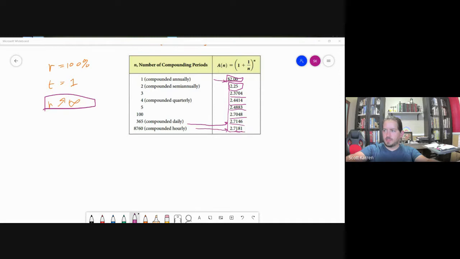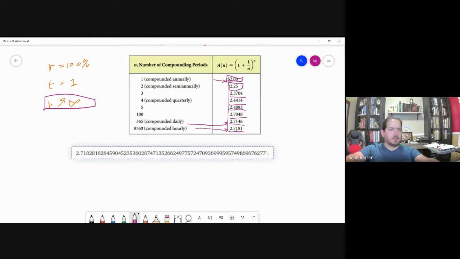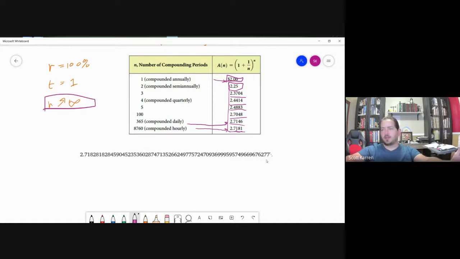I want more digits. So here's a bunch of those digits. If I allow n to get bigger and bigger, sooner or later I'm not going to change any of these digits, no matter how large n gets, right?